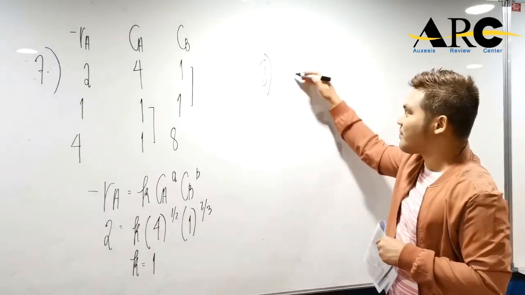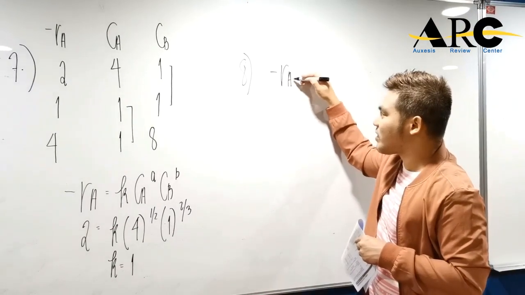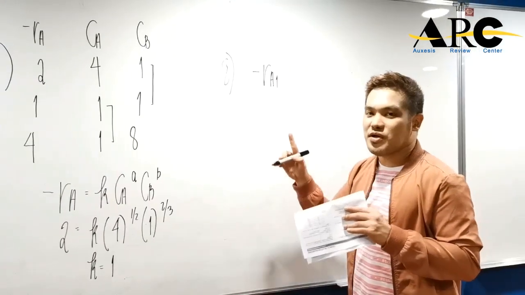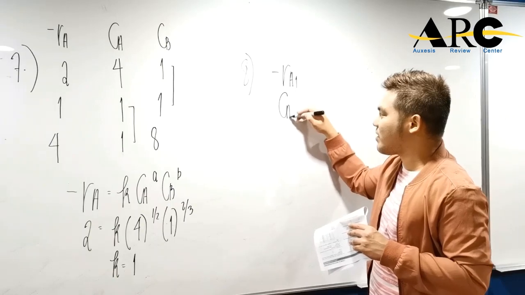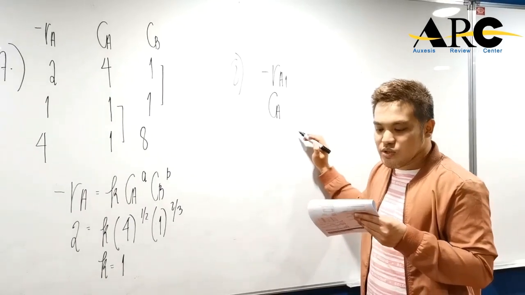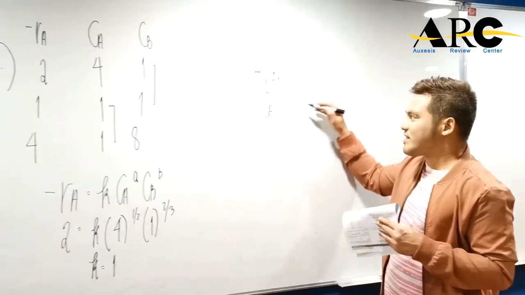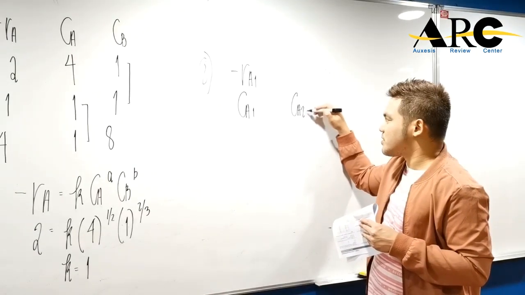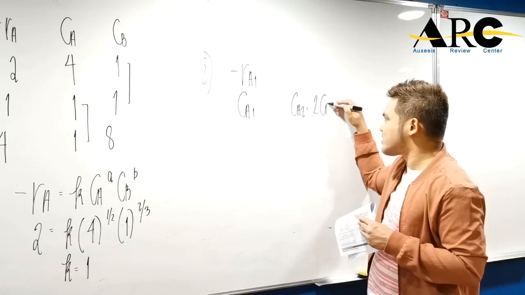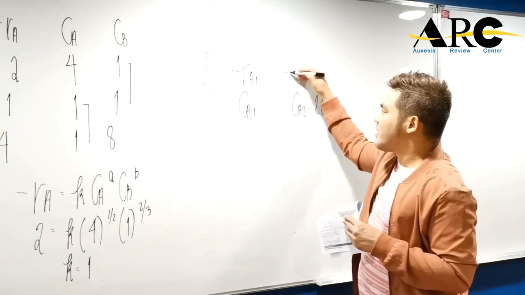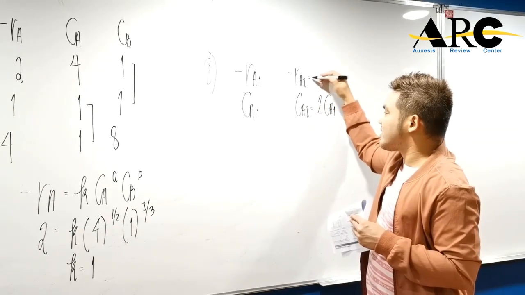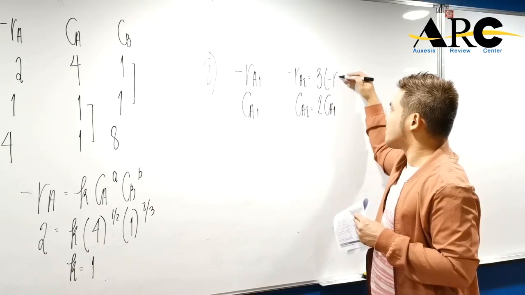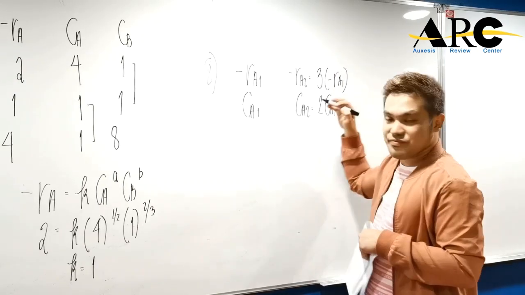Sabi dito, meron tayong negative RA1. Yung concentration ni negative RA1 is CA. So, once na dinoble daw natin yung concentration, meaning to say, meron tayong twice ng CA1. So, yung negative RA2 daw natin is thrice ng negative RA1.